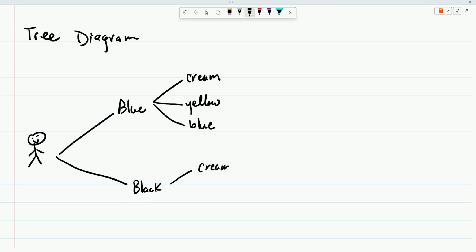Same exact thing with our black pants. Cream, yellow, blue. And then once we've picked out our pants and our shirt, now we have our shoes. Black or red.